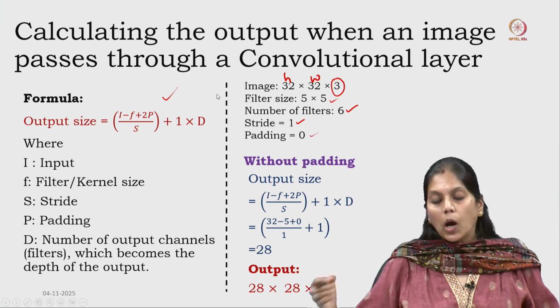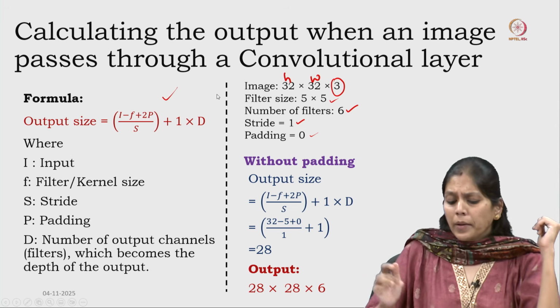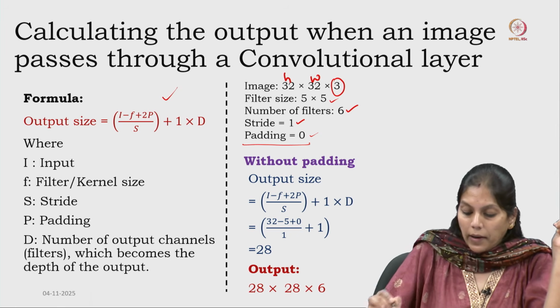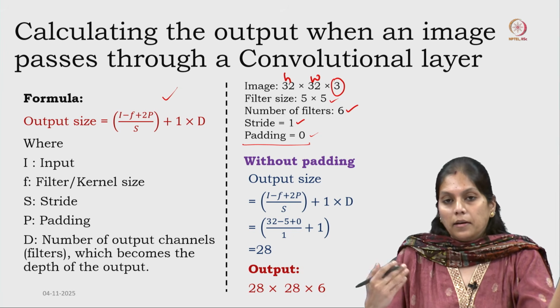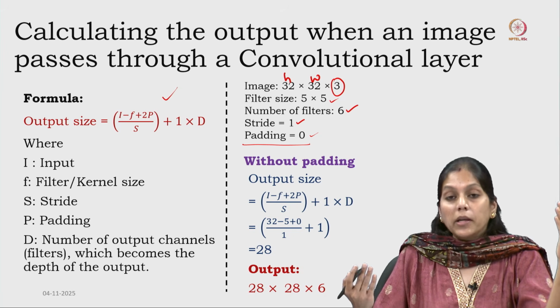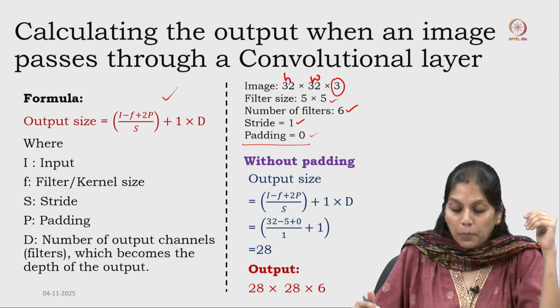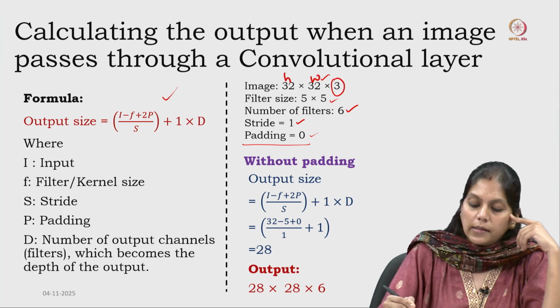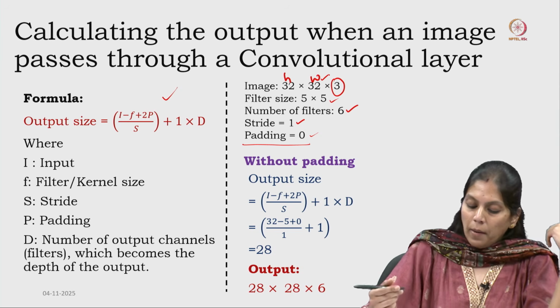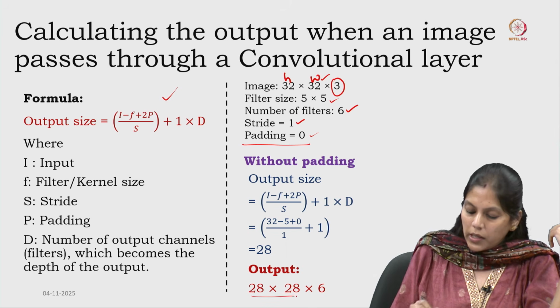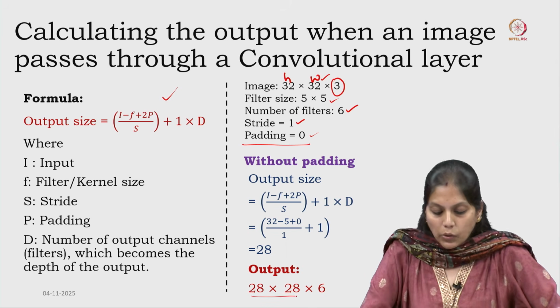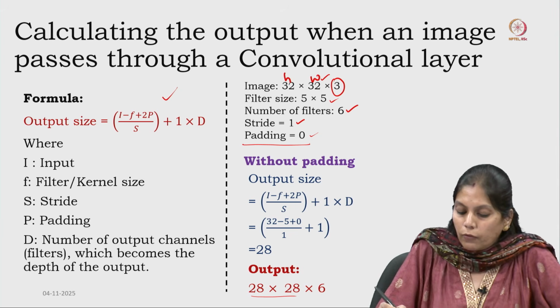Then what will be the output size? The minute you see that there is no padding, the feature map that we get will be smaller than the input. Can you see the input size is 32 by 32, but the output we got is 28. How did we get this 28? Just substitute the values in this formula.